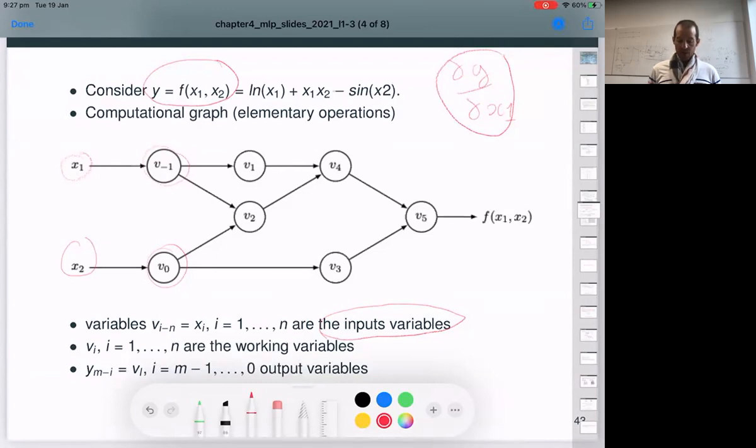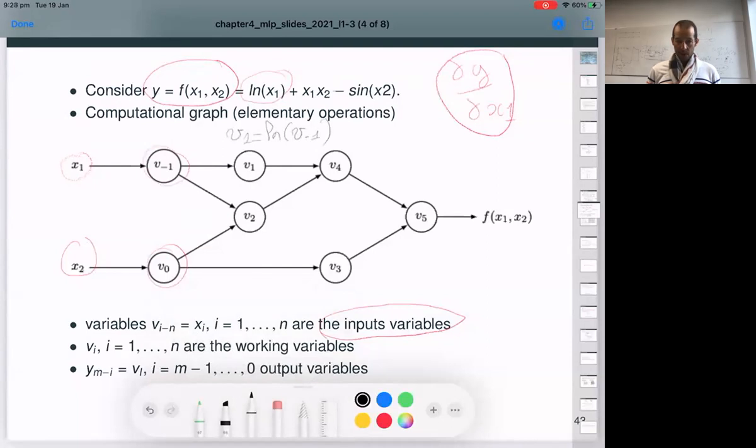Now we need to develop the computational graph on elementary operations. What is the elementary operation? You can see that I have the logarithm of x1. So v1, what will be v1 for you? Yes, with our notation, it is ln of v minus 1.